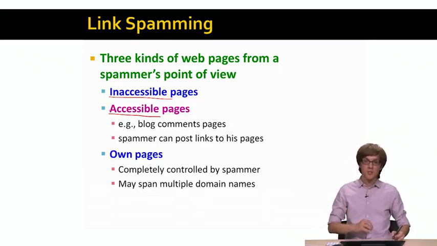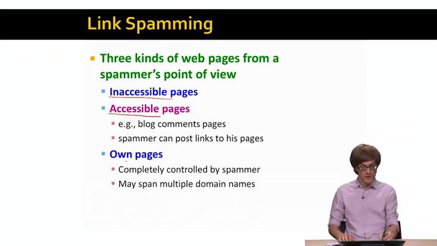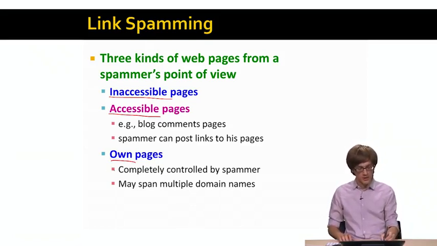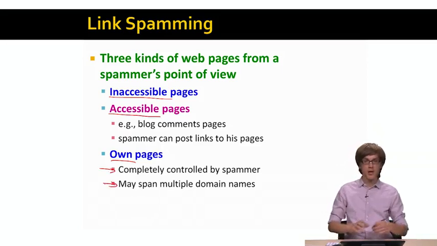So for example, the spammer can add fake blog comments, or add fake posts to various types of pages, and all these posts would point to the target page. And of course, the spammer also has its own set of pages. We call these the pages the web spammer owns, and these are completely controlled by the spammer and may span multiple domain names. There may be millions of these pages and so on.